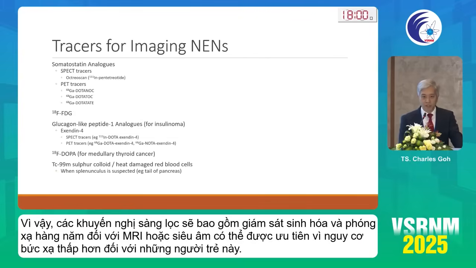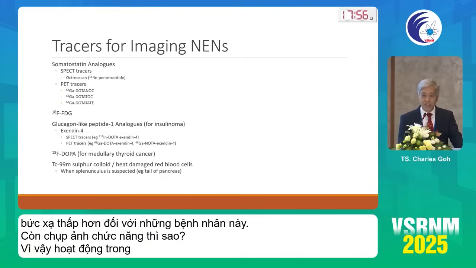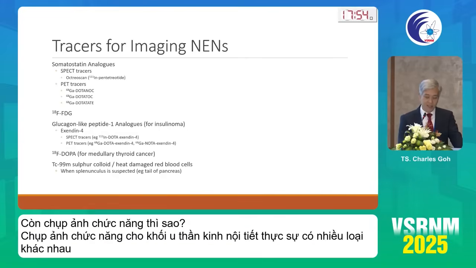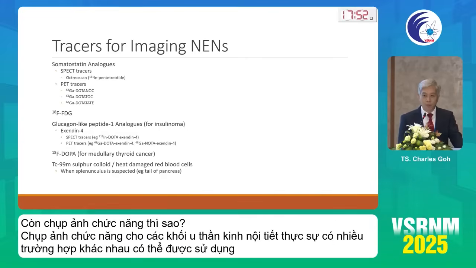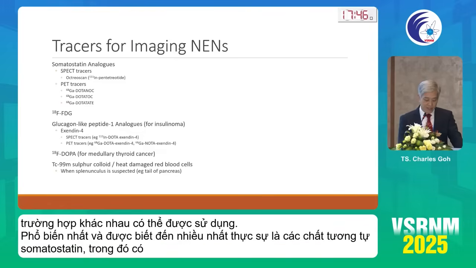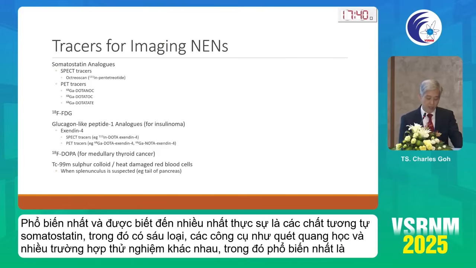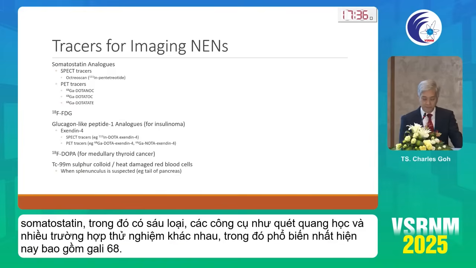How about functional imaging? Functional imaging for neuroendocrine neoplasms has multiple different tracers that can be used. The most common and well-known are somatostatin analogs, of which there are SPECT tracers such as octreoscan and various PET tracers, out of which the most commonly used today include gallium-68 DOTA-NOC, DOTA-TOC, and DOTA-TATE.